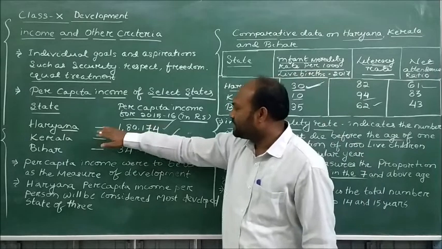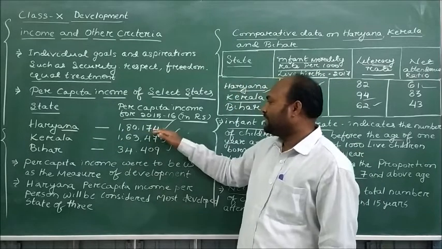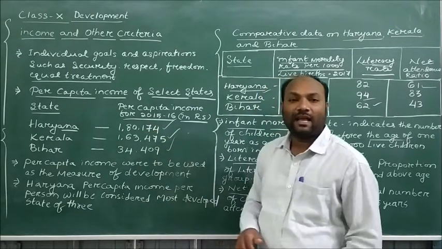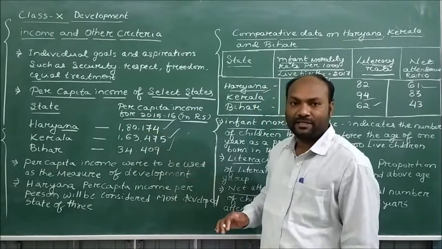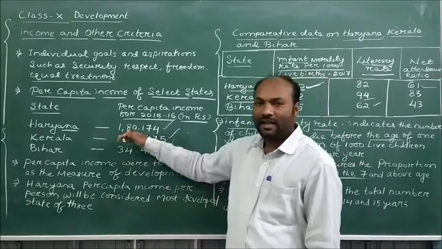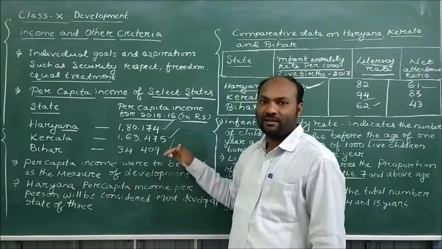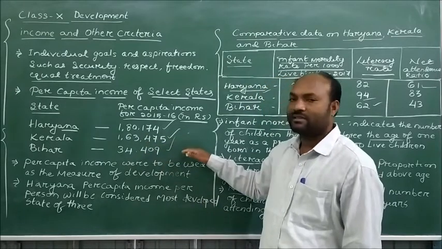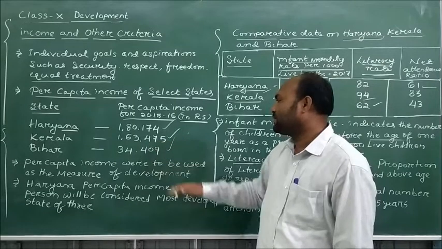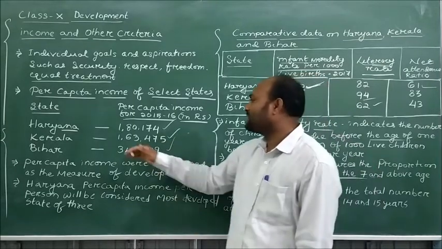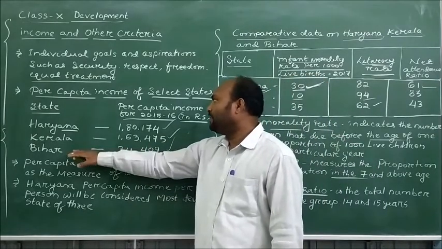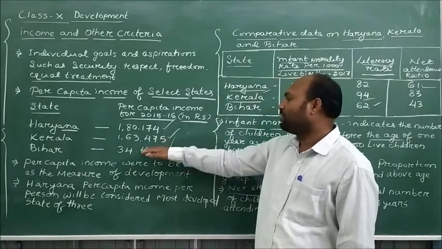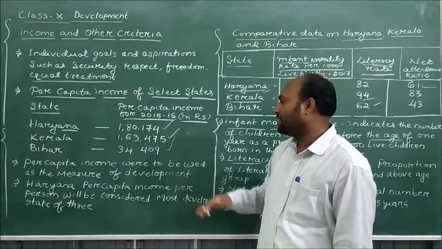Here we see that Haryana has a per capita income per person of 1,80,174, while Kerala is in second position and its per capita income is 1,63,475, and when we see the income of Bihar, it is 34,409.